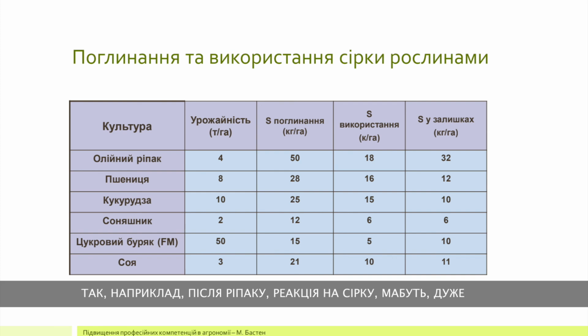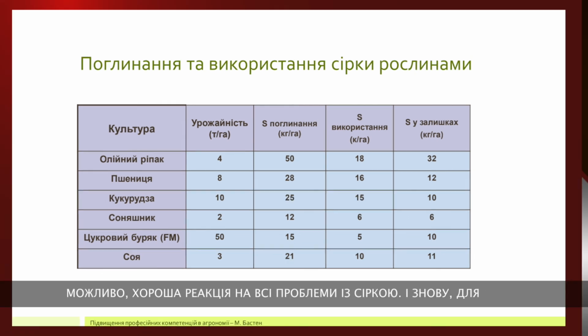So, for instance, after oilseed rape, the response to sulfur is probably very limited for the following crop, whereas sunflower takes not too much sulfur, but also doesn't leave too much sulfur in the soil. So after sunflower, we would expect, for a demanding crop, maybe a good response to sulfur fertilizer.